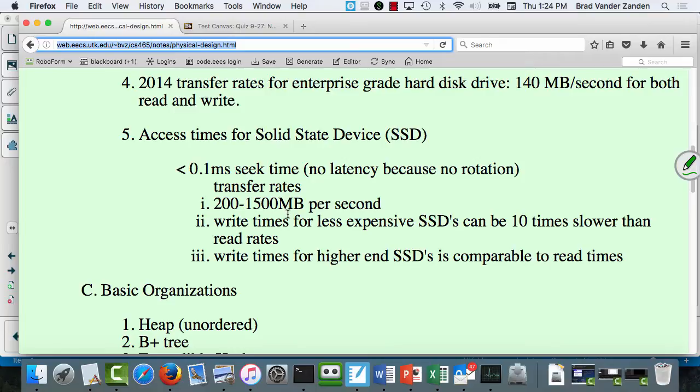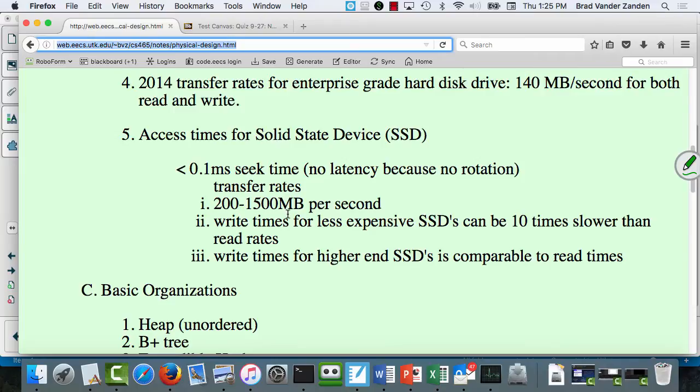Your laptop doesn't have really good quality SSDs. Even if you think it's great, it's nothing compared to what goes into high enterprise SSDs. And one of the big things that makes your SSD so crummy is the write times.